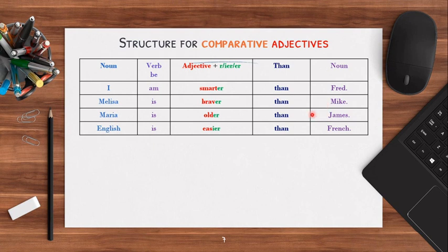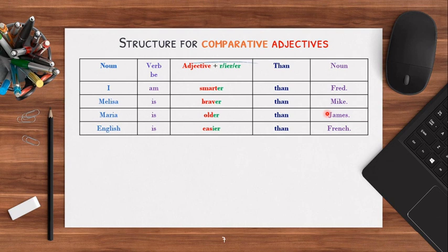If you want to say the other way around, you can say Fred is smarter than I, or James is smarter than I. You can switch position if the other person is a lot smarter than you. If you don't think so, you can say I am smarter than Fred, or I am smarter than you.